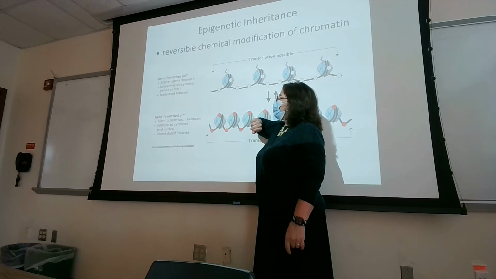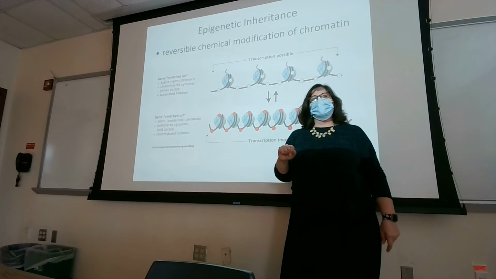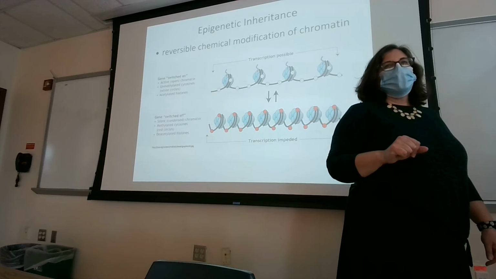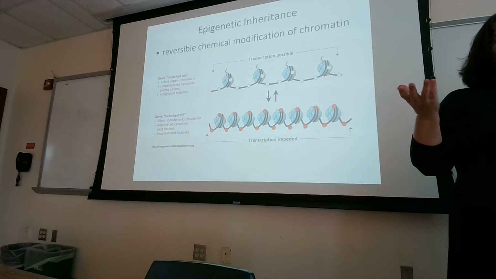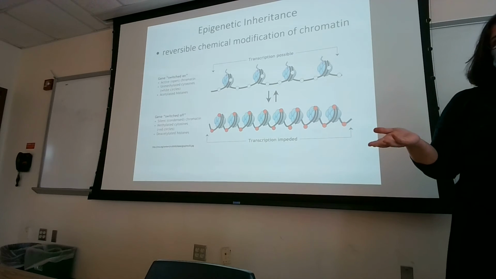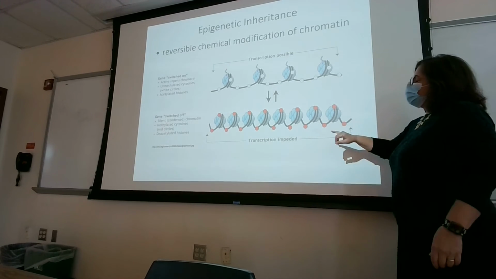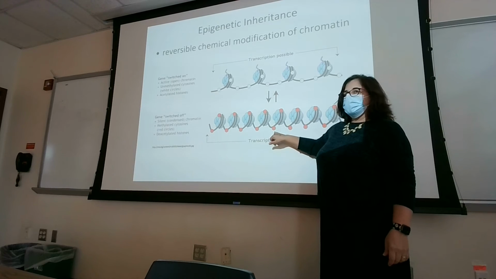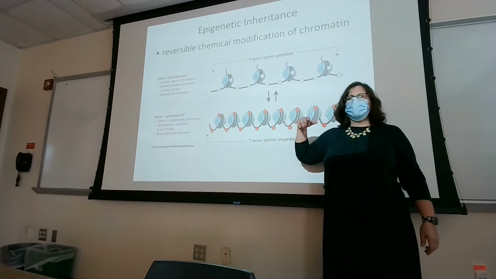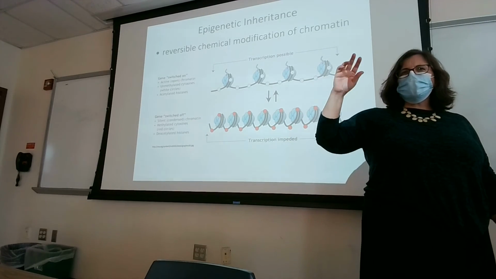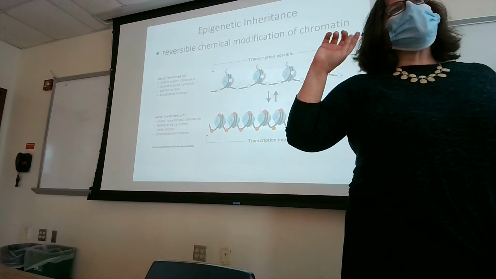Now here, the white circles represent cytosines in the DNA that are free and clear and ready for use. And here they label them as unmethylated cytosines. In closed chromatin, we have methylated cytosines. Does everybody know what I mean by cytosine? ACGT. So you can stick a methyl group.